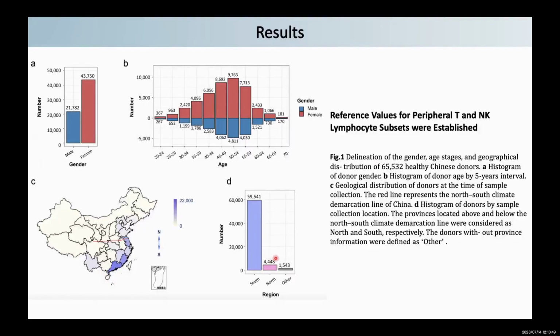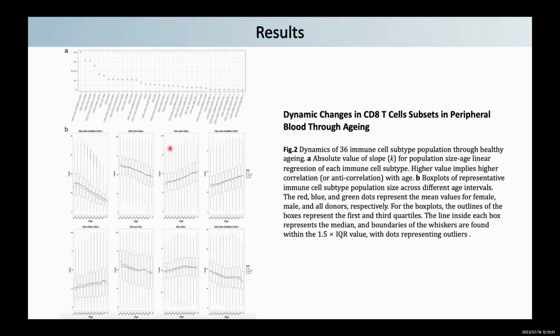So from our data, we first calculated the absolute value of the slope of the population size–age linear regression of each immune cell type.